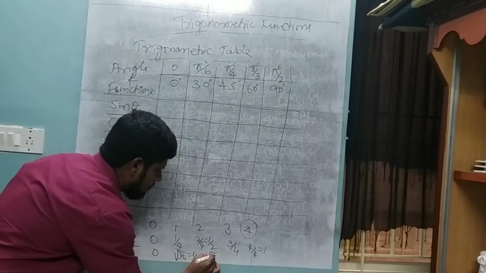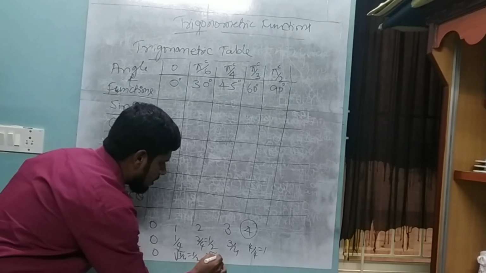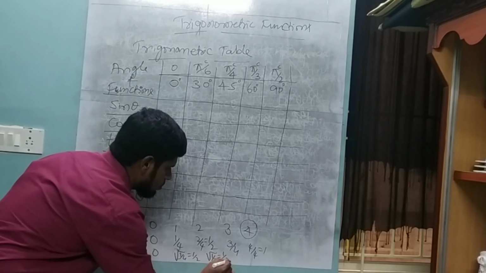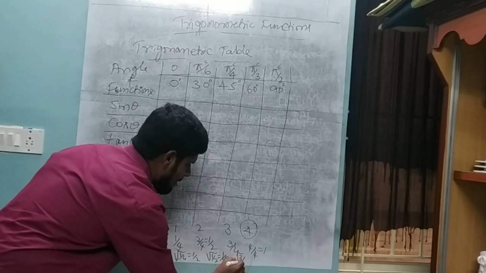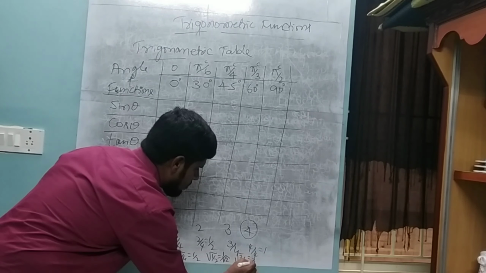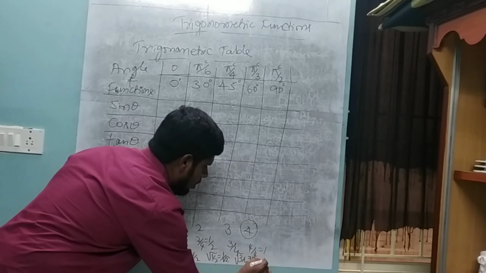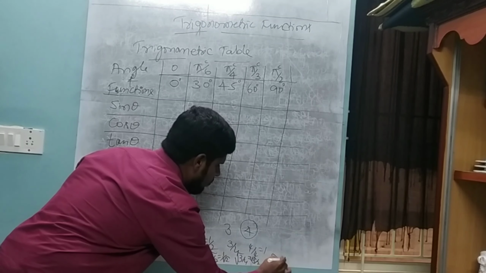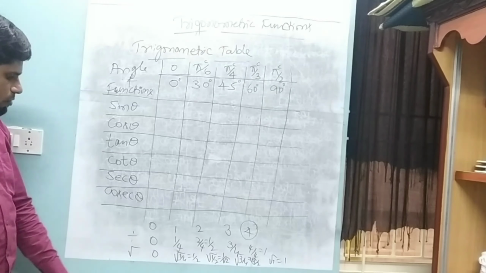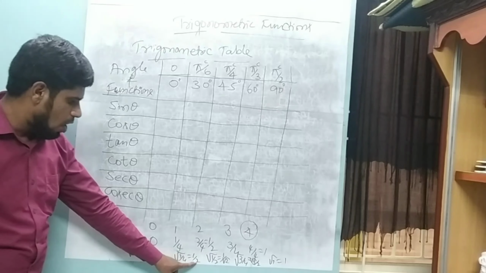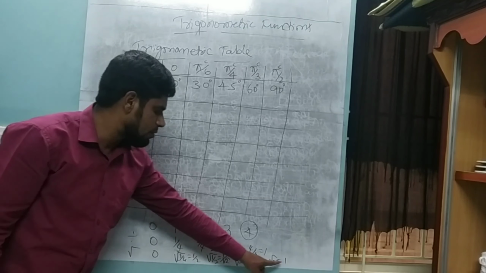Square root of 1 by 2 is 1 by root 2, because square root of 1 is 1, so root 2 stays as it is. Square root of 3 by 4 is root 3 by 2, and square root of 1 is 1 only. So students, these are the values for sine. That is 0, half, 1 by root 2, root 3 by 2, 1.